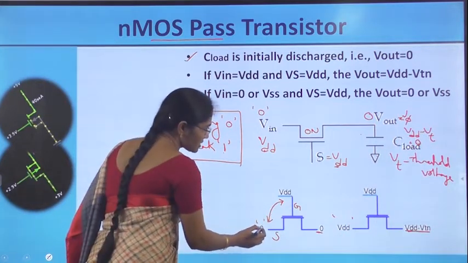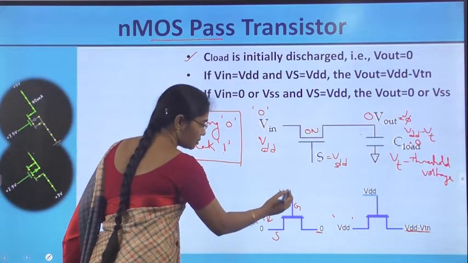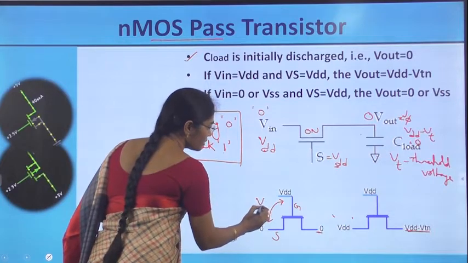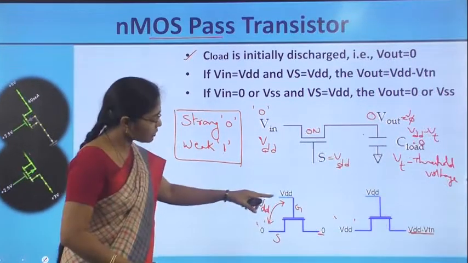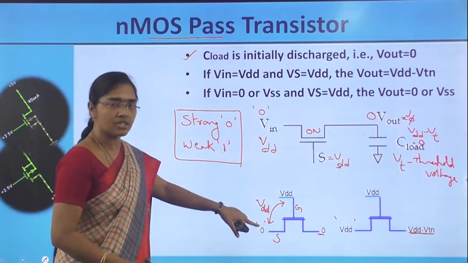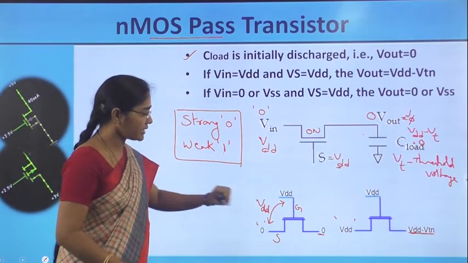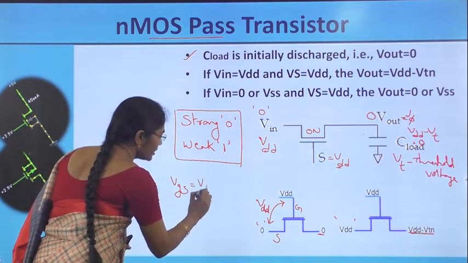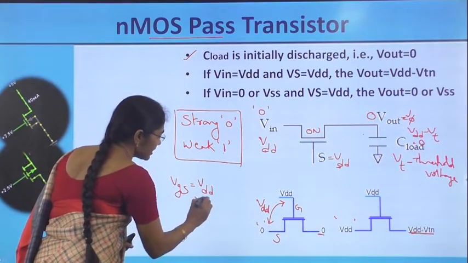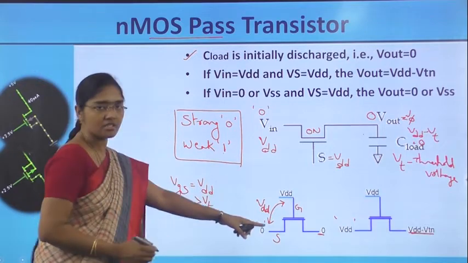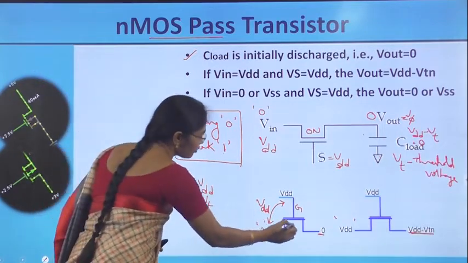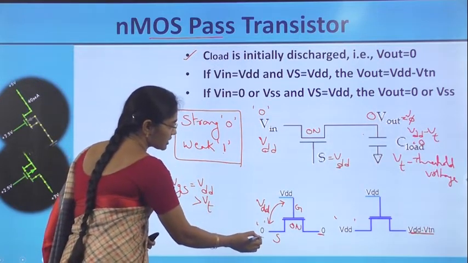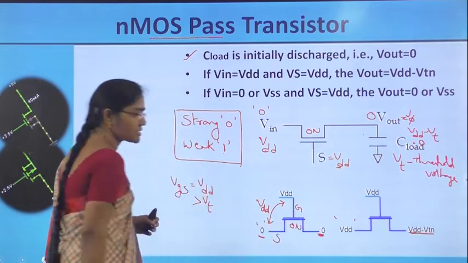Here VDD is the gate potential and the source potential is 0, so gate minus source is equal to VDD. This means VGS is greater than VT of the transistor. Therefore, this transistor is always on for an input of 0, and whatever 0 signal is there will be passed as it is.